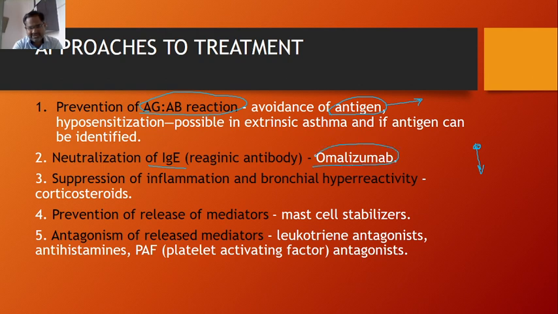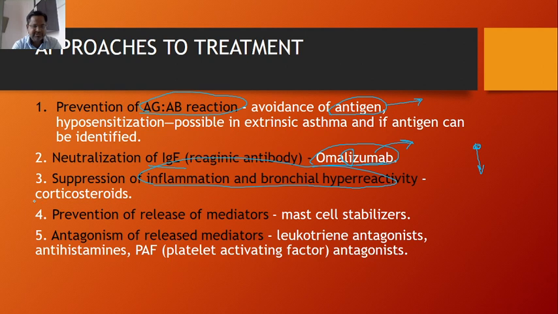As the name suggests, mab means monoclonal antibody. Li means lowering the immunity, and umab and zumab mean it is obtained from human sources. There is suppression of inflammation and bronchial hyperactivity. So in the late phase you can use the glucocorticoid.